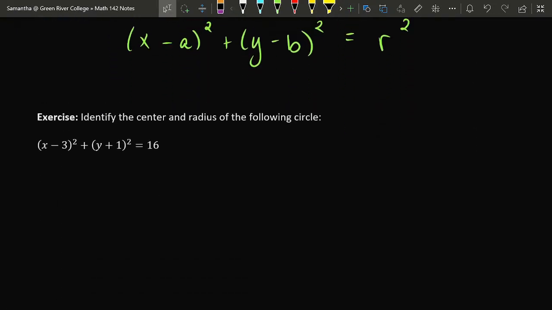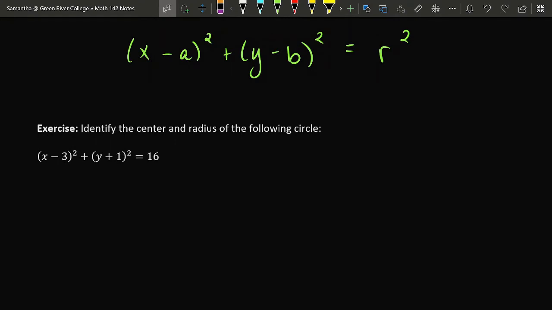For example, someone says, what is the center and the radius of the circle given below? x minus 3 squared plus y plus 1 squared equals 16. To see the true values of a and b and r, I'm going to start by rewriting this equation in a format that's more similar to what I have above.